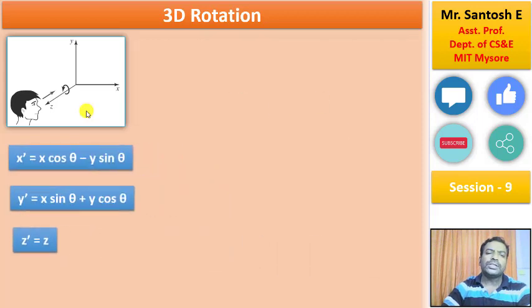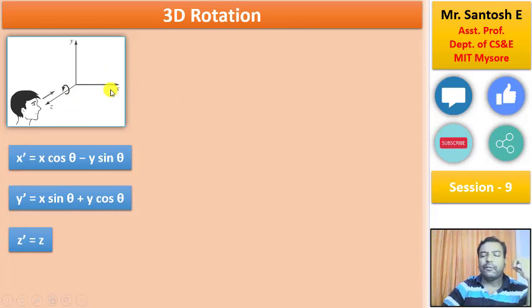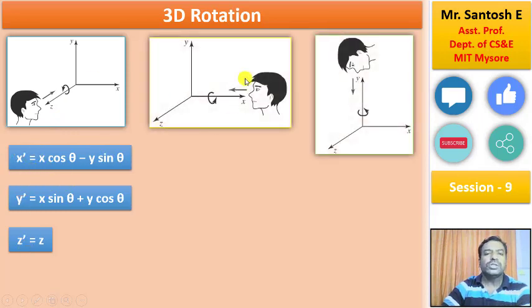And now just observe this. As I told you, whatever matrix we have formulated right now was for the x and y plane with reference to the z axis. And this is the form I am going to get to compute the new point of the rotation. So similarly, I should be able to keep the x-axis as a reference and make the object rotate in the yz plane.